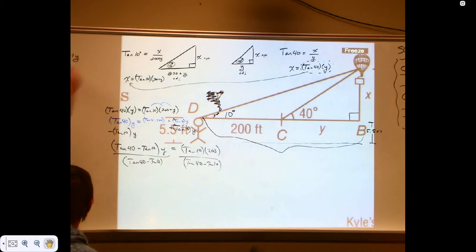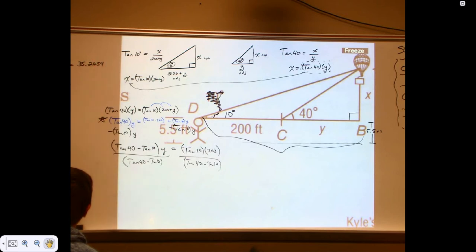Y is equal to, what is tangent of 10 degrees times 200? 35 point what? 2654.